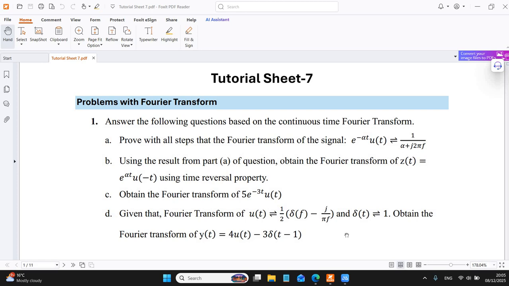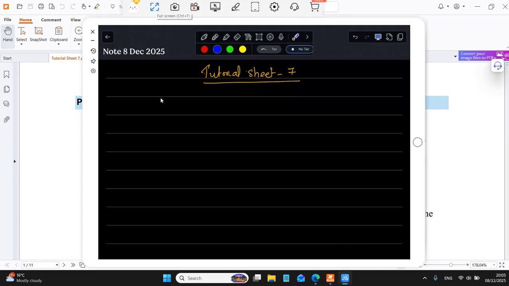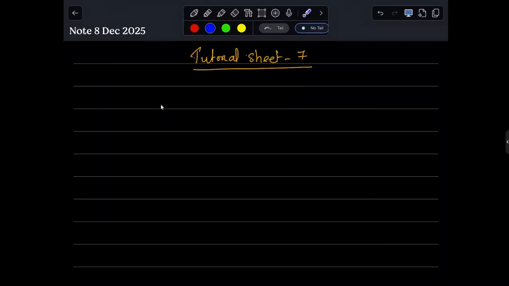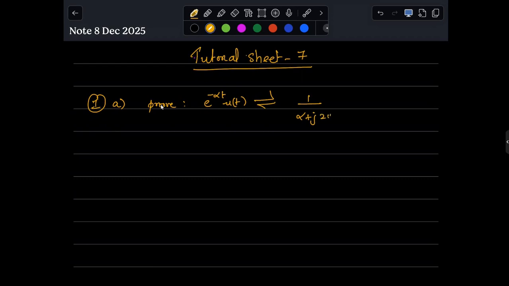First of all, I will be solving part A. So let me solve it. We want to prove that e power minus alpha t into u of t has the Fourier transform 1 over alpha plus j2 pi f.